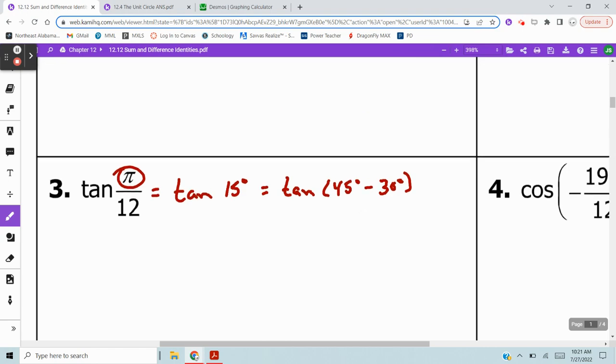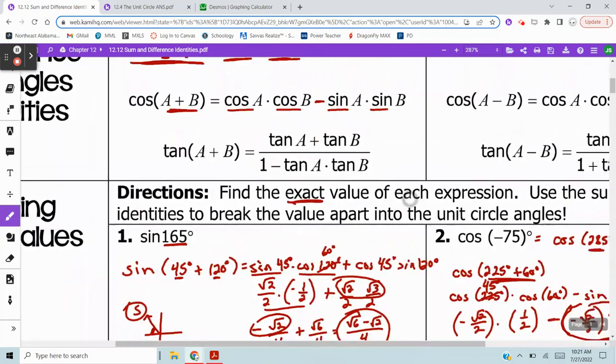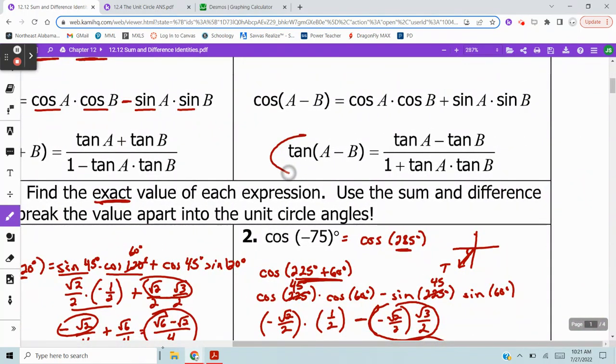And then we're going to scroll back up and look for the identity that matches the tan of 45 minus 30, and that would be this identity right here. Now, it's a little bit uglier identity.